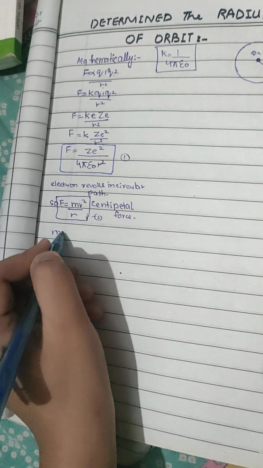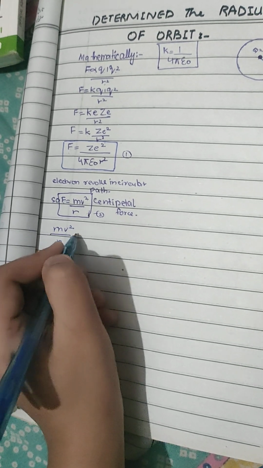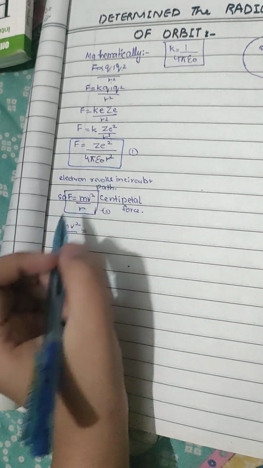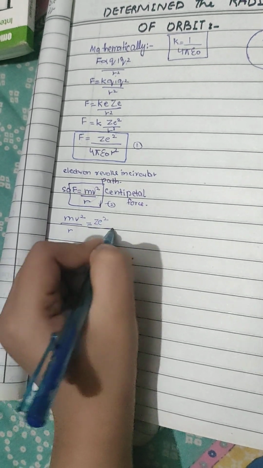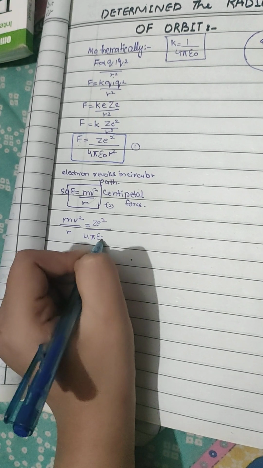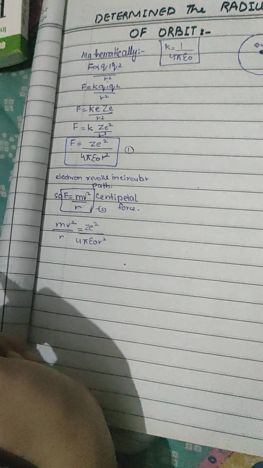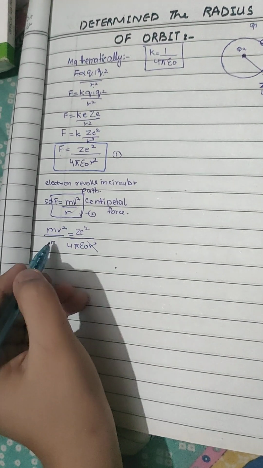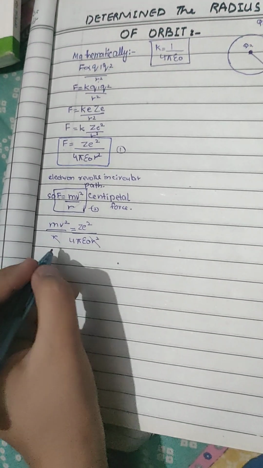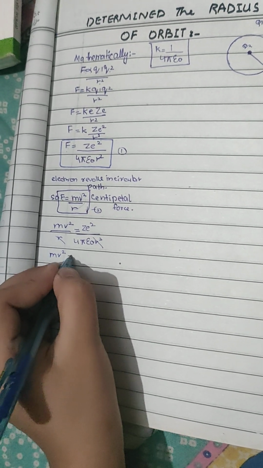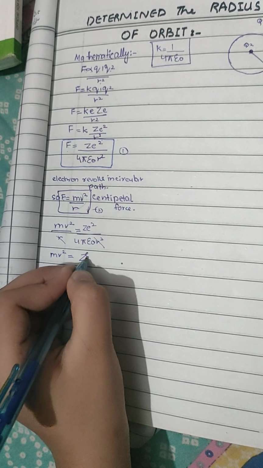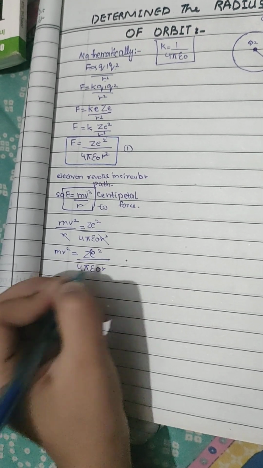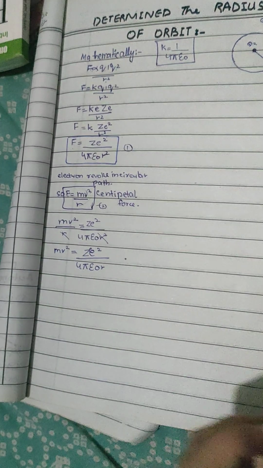Yeah, sure. mv square upon R, then this whole value I put over here, is equal to ZE square upon 4 pi epsilon r square. Now you may cancel the values which are common to both sides. So r square and r, this is cancelled. Now mv square is equal to ZE square upon 4 pi epsilon r. Only one r is remaining, one r will be cancelled.